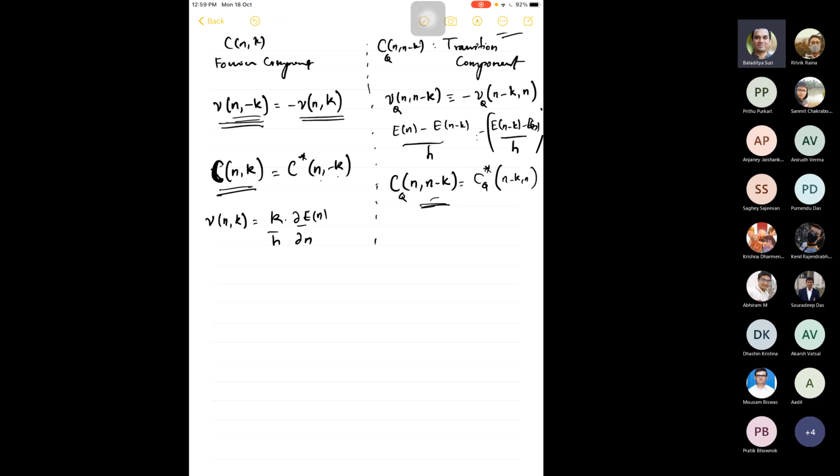He now extended it for any quantity, f of n, which is now defined in a stationary state.